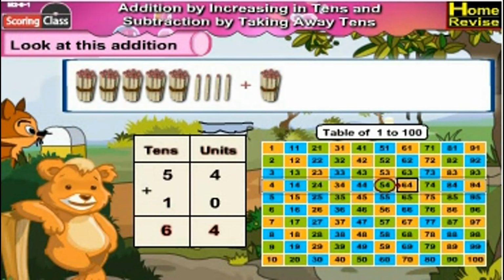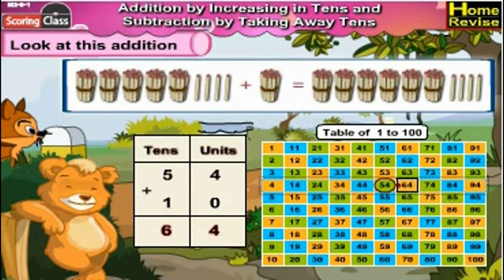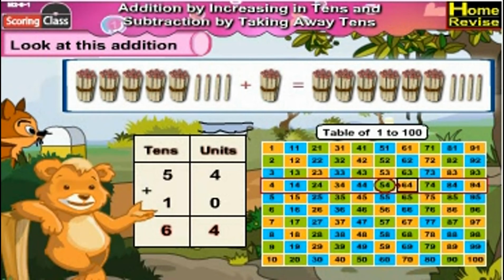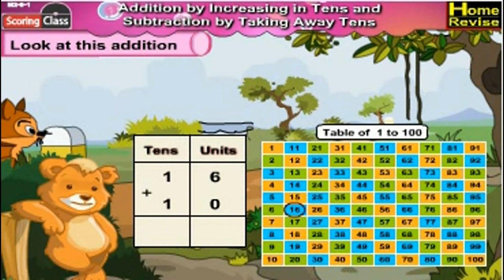That is, 54 plus 10 means 1 ten is added. First there were 5 tens, now it becomes 6 tens, which is 64. Let us see the next sum, 16 plus 10. Here is number 16. Now 10 has to be added to 16. So let us see the number in the next column, the column exactly towards the right of 16 and in the same row.